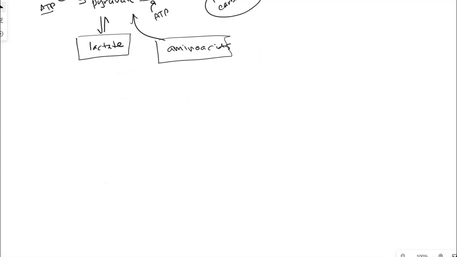Okay, so now that we've made a little bit of space, firstly, pyruvate carboxylase, which happens to be a biotin-dependent enzyme. And this pyruvate carboxylase is responsible for the initiation of gluconeogenesis, which involves the conversion of pyruvate to oxaloacetate.